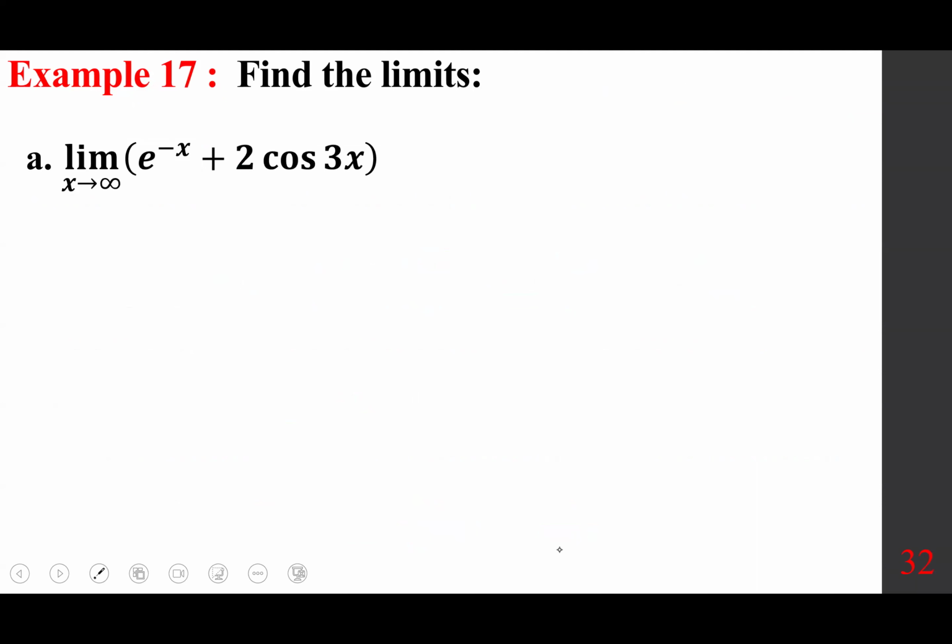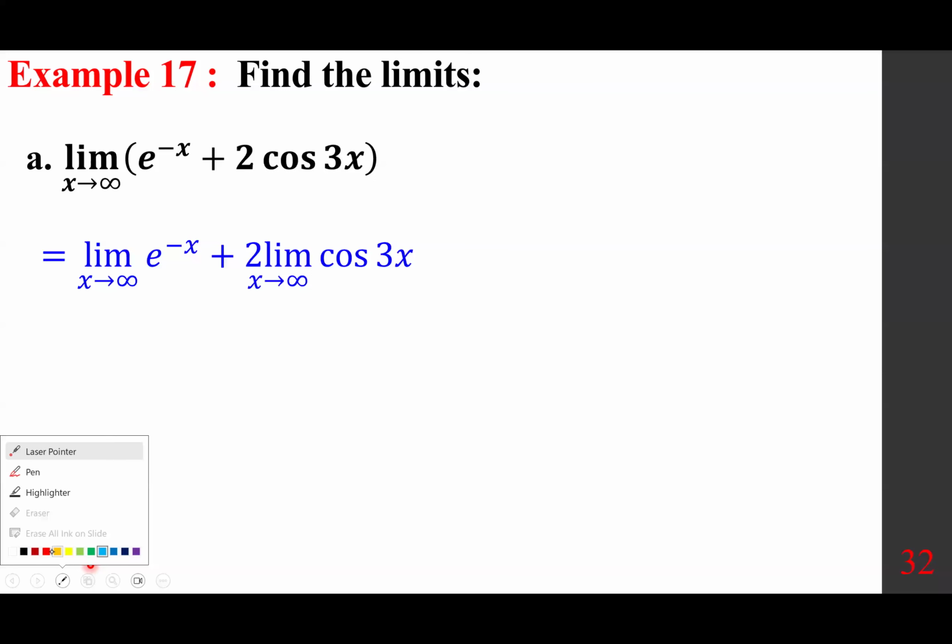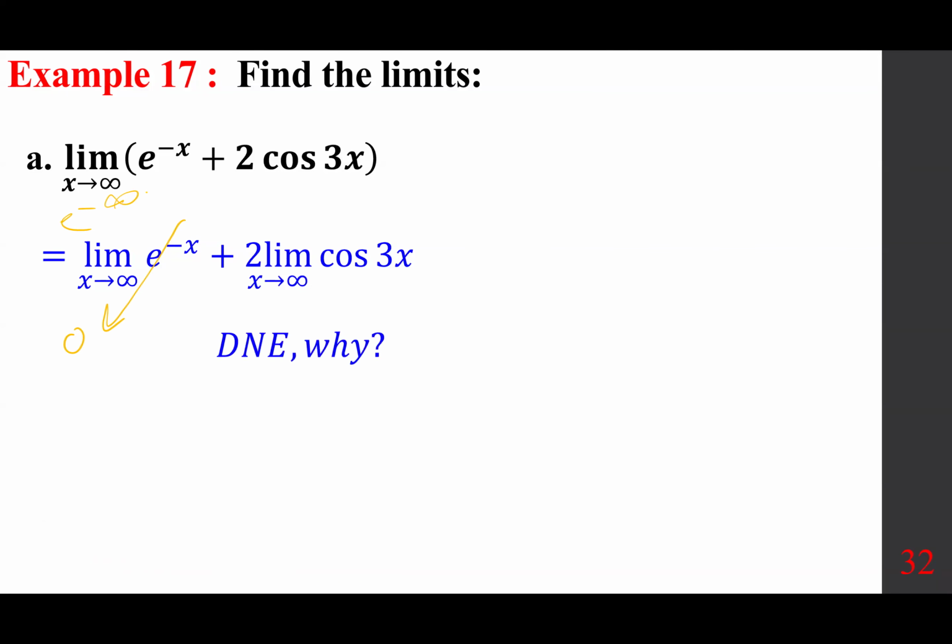Limit of e to the power minus x plus 2 cosine 3x as x approaches infinity. We are going to separate them using the limit laws. This one becomes 0 because it's e to the power of minus infinity, or 1 over e to the power of infinity. But what is the second piece? It does not exist. Therefore, the result does not exist.